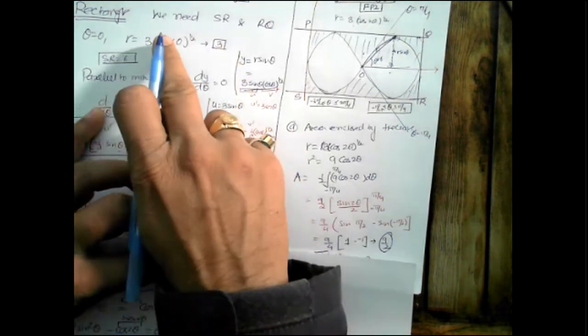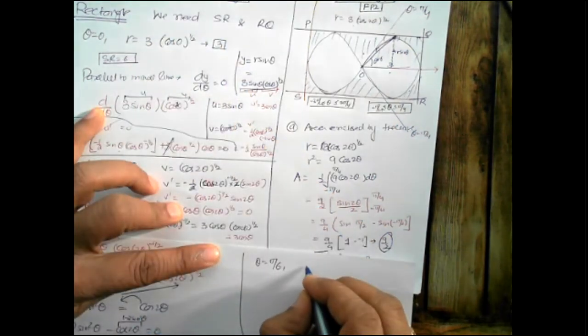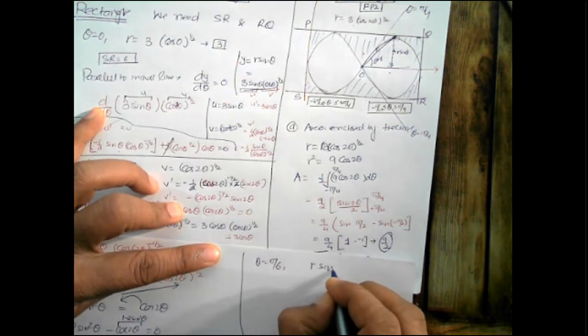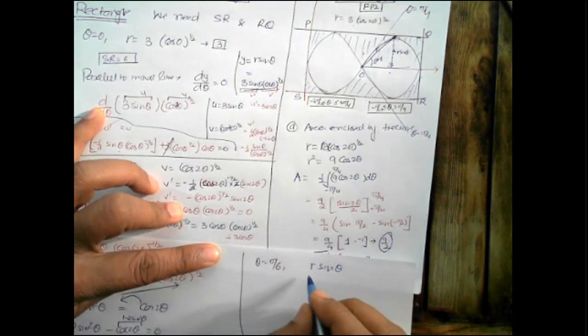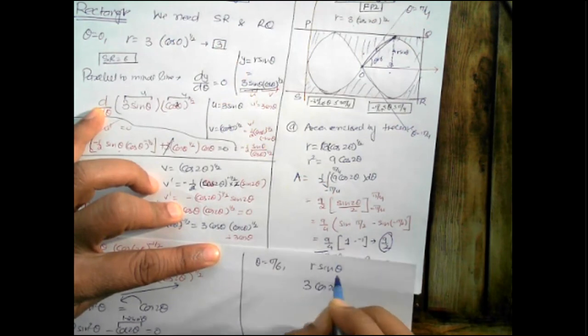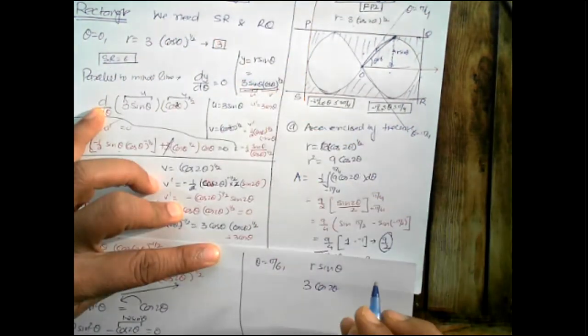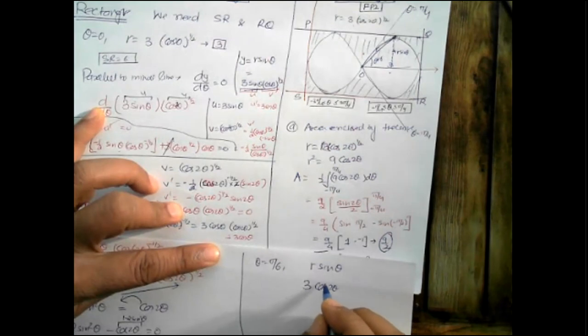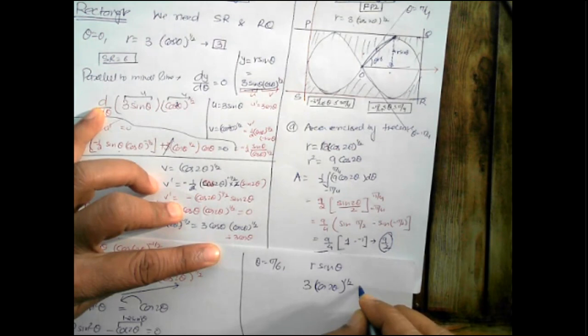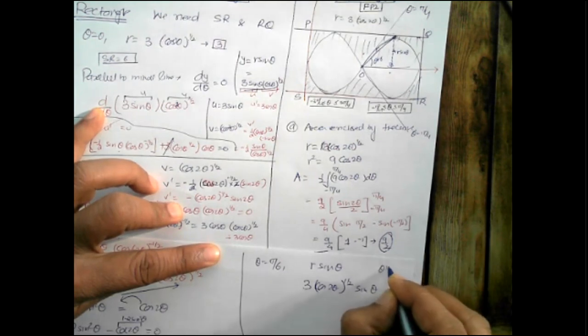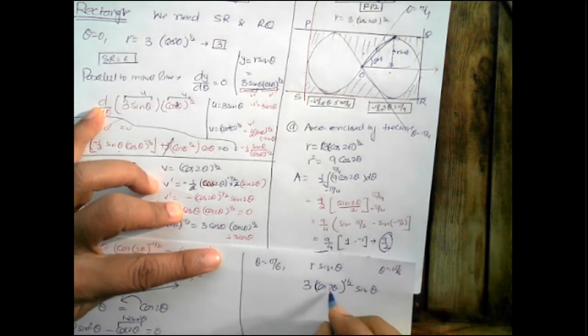And r is this, so this length is r sine theta. So that will be 3 cos 2 theta, that was 2 theta, that's a mistake, that's where we all started from, to the power half, and then sine theta, and theta is equal to pi by 6.